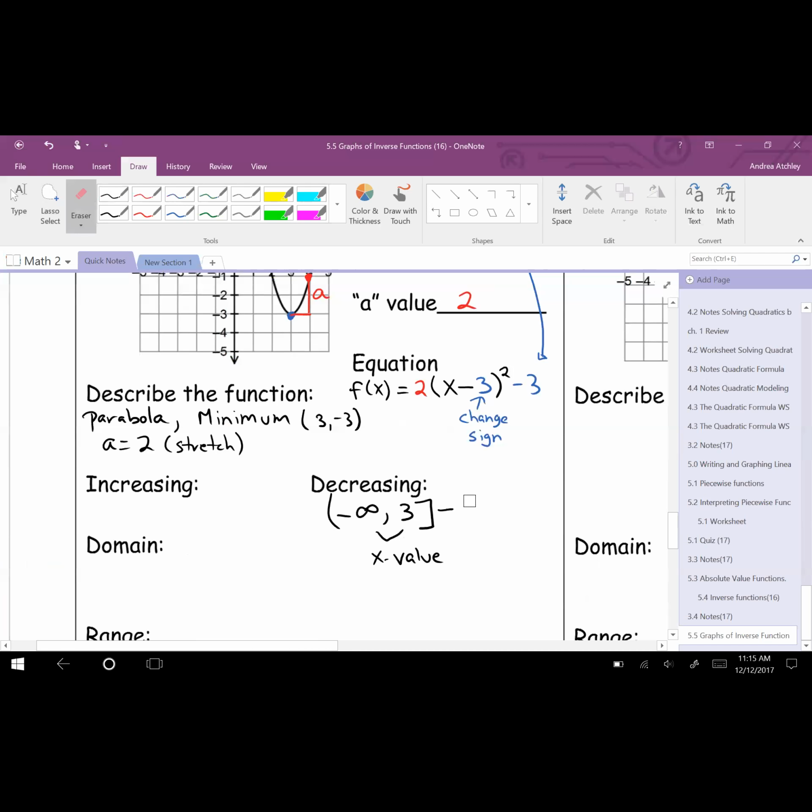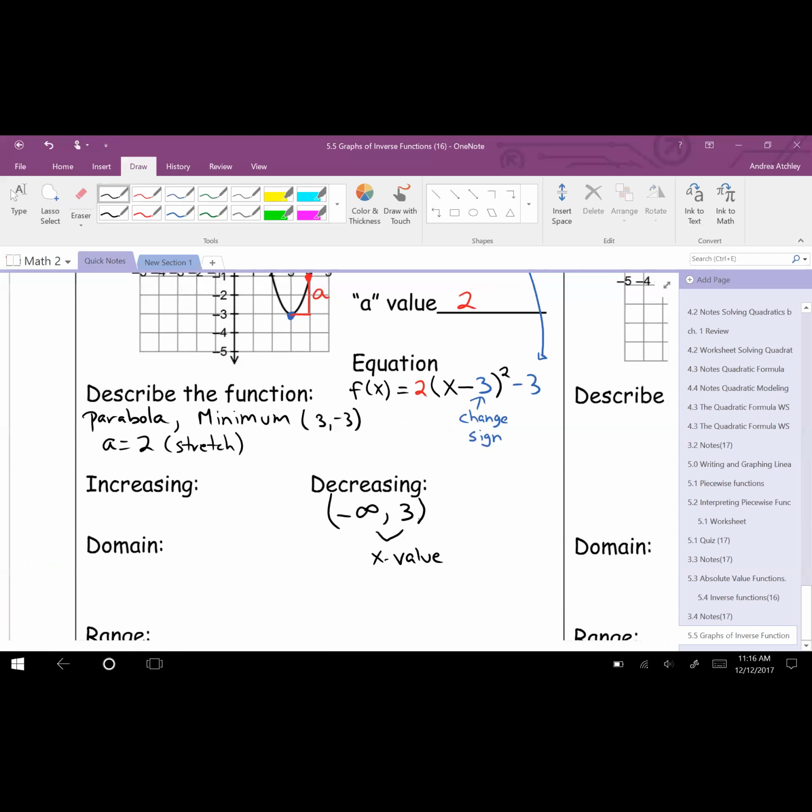At 3, it's not going to equal 3. As it's at 3, it's not increasing. Only on domain and range am I going to use my brackets. Sorry, guys. So this one needs a parenthesis, because at 3, it's not increasing, it's changing directions. Any questions over that?